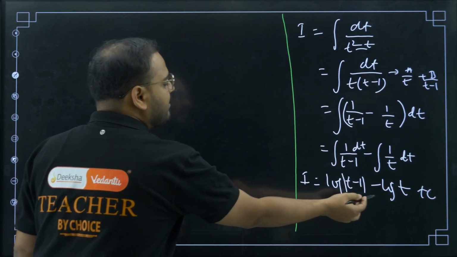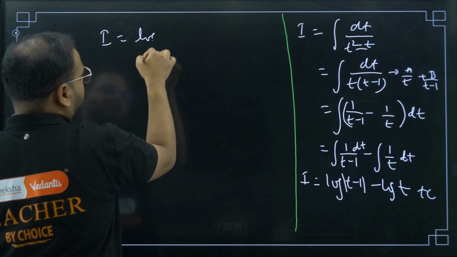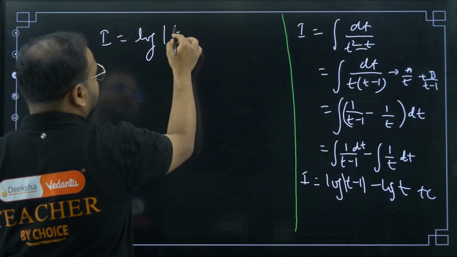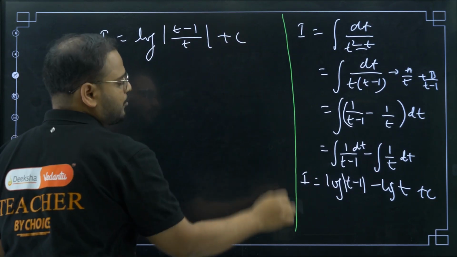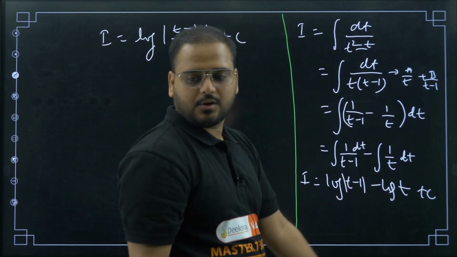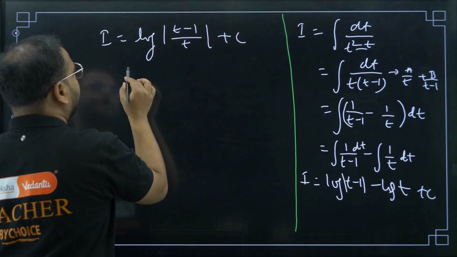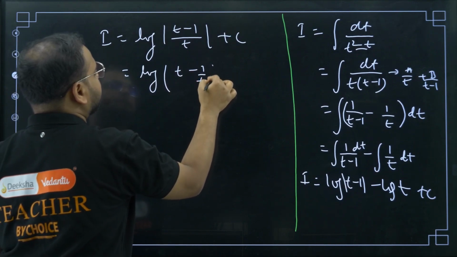So log a minus log b, I can write it as log of t minus 1 upon t plus c. Yes or no? Please check. Log a minus log b is log a by b. So divide this: log of t minus 1 by t plus c.